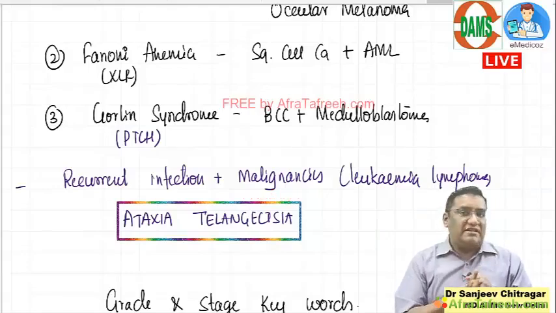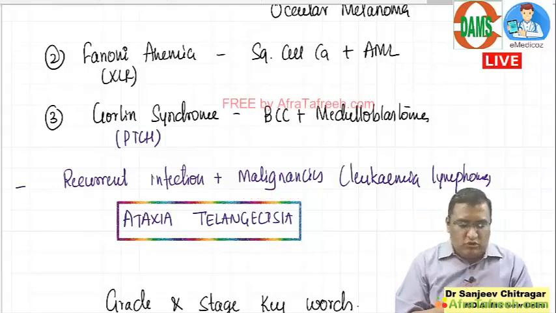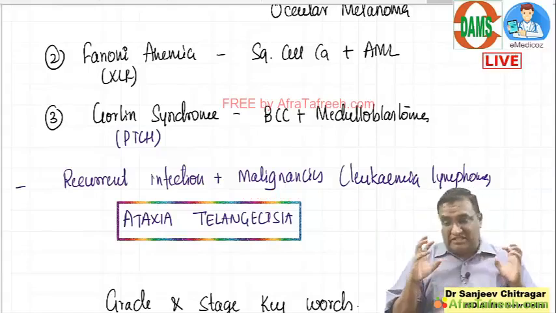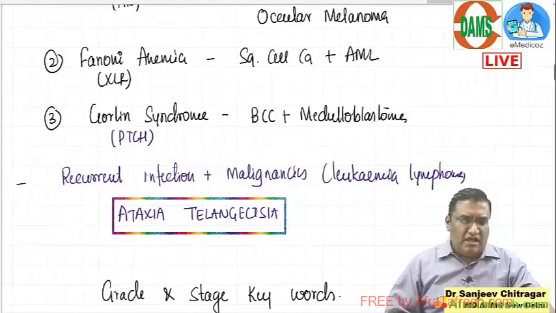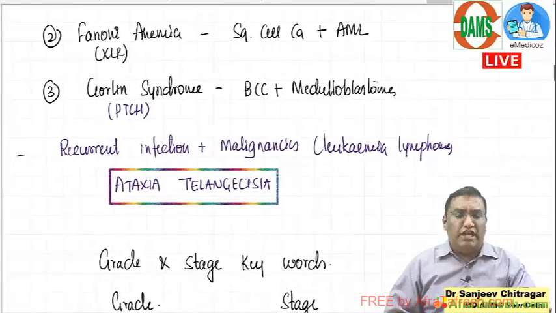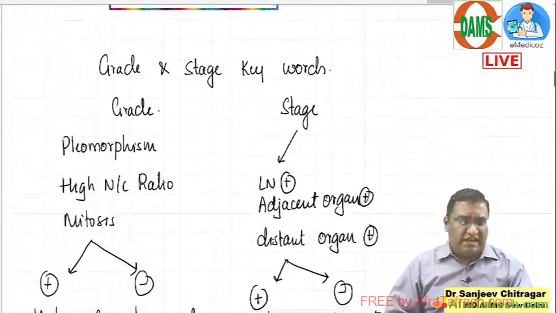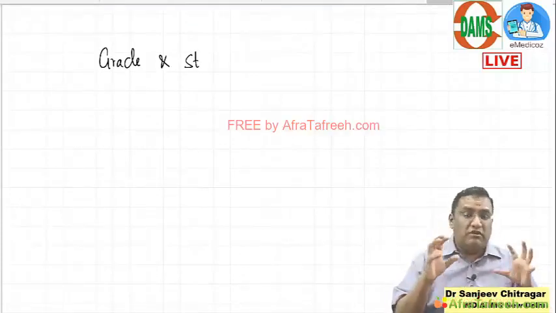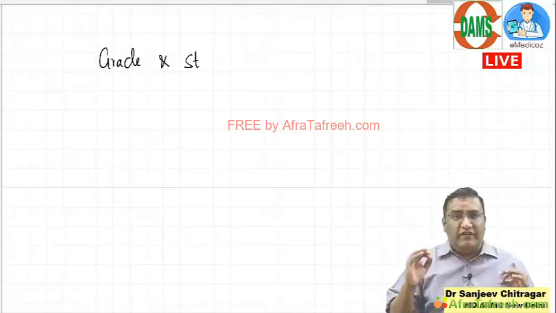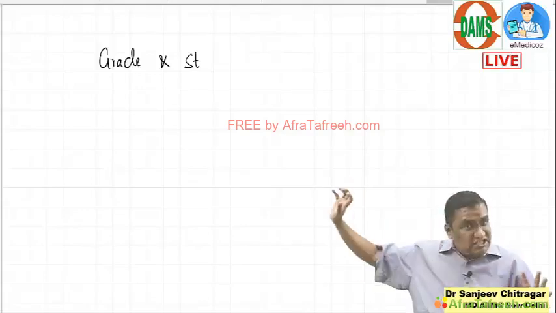Now, the last thing from this neoplasia topic that I want to discuss, grading and staging in general in any tumor. Of course, in individual tumors, you would have discussed grading and staging in detail. But in general, this will give you most of the hints, and 50% of the options will be ruled out based just on these hints.